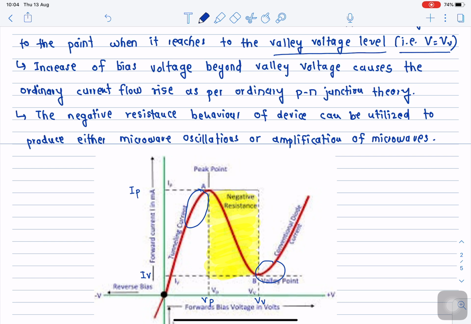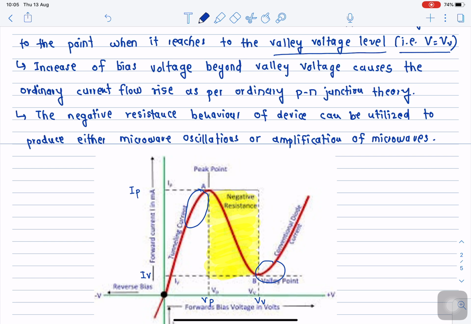The negative resistance behavior of the device can be utilized to produce either microwave oscillations or amplification of the microwaves. In the yellow highlighted region, we need to maintain the applied bias voltage such that it is greater than the peak voltage, but lesser than the valley voltage. In that case, the diode will provide us a negative resistance.